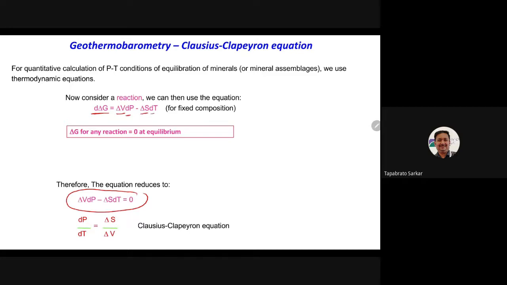Now at equilibrium conditions, obviously del G equals 0, therefore this part becomes 0 and the equation reduces to this, and therefore we can write dP by dT equals del S by del V. Now in a PT space, what does dP by dT mean?